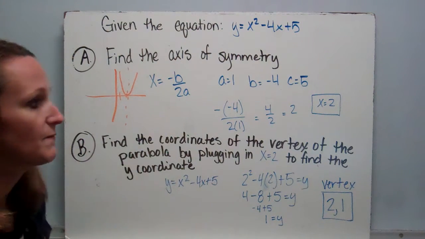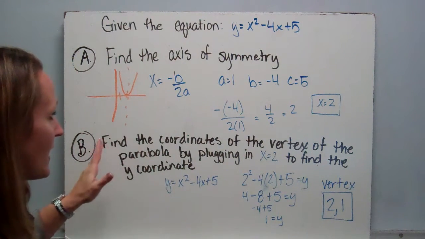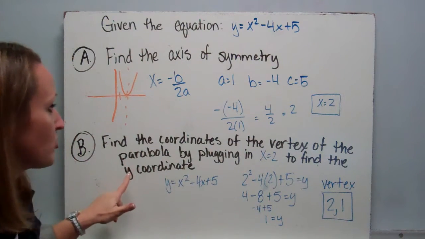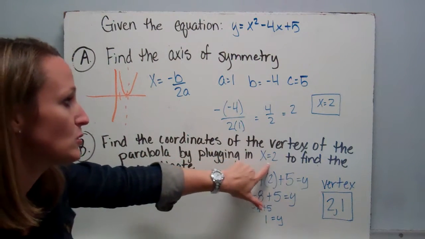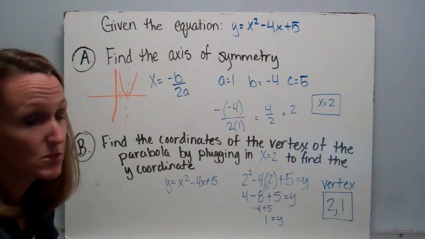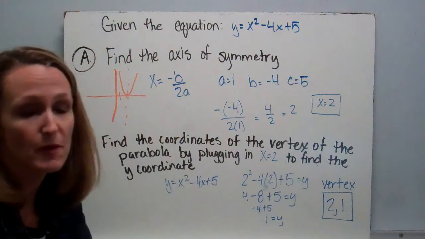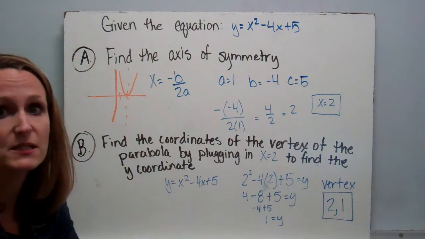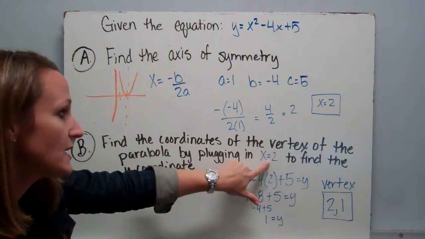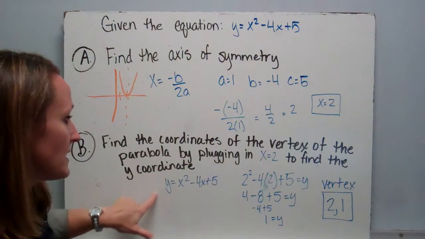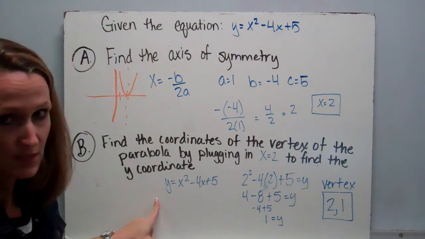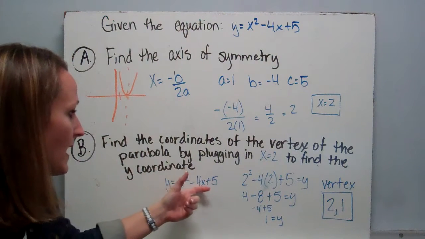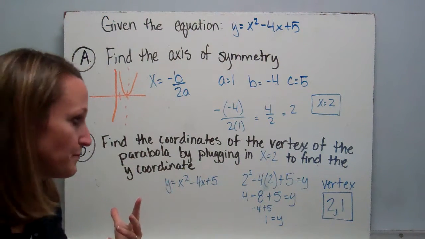Okay, so what is our vertex? Find the coordinates of the vertex of the parabola by plugging in x equals 2 to find the y coordinate. In other words, once you find your axis of symmetry, you found the x value of a coordinate. Remember, coordinates are written x, y. So you can take this x value and plug it right back into this equation. Once you plug in an x, what you're going to get out is y.